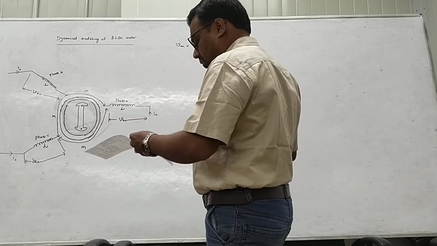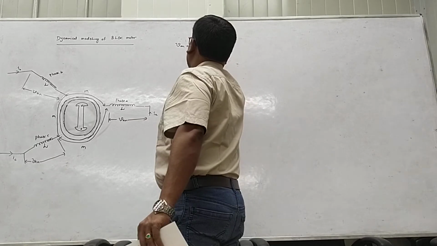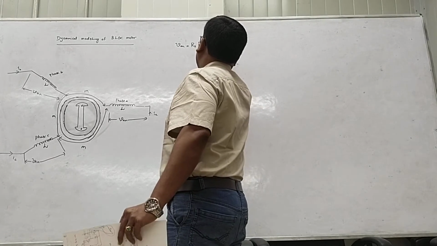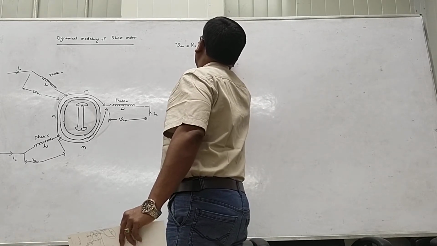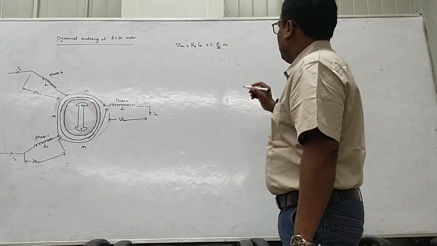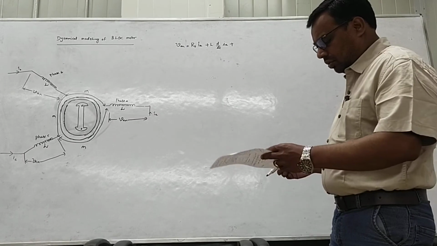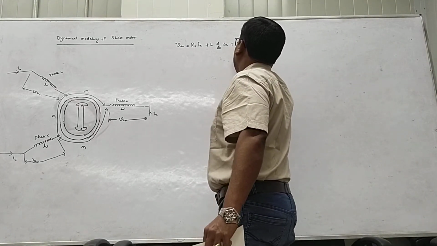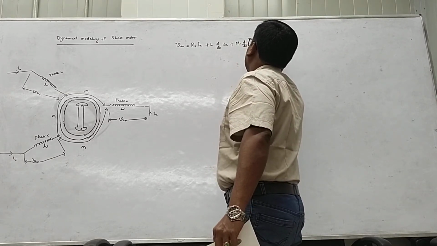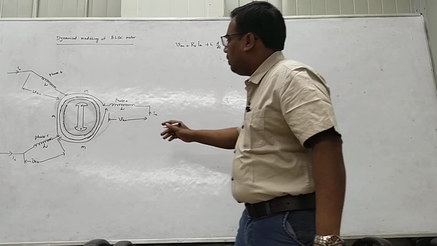So VAN is equal to RS, the resistance of the stator winding, into IA, the current in phase A, plus the self-inductance L into d by dt of IA, plus the mutual inductance terms of the remaining coils, coil B and coil C: M into d by dt of IB, plus M into d by dt of IC, plus the induced EMF of this particular coil.